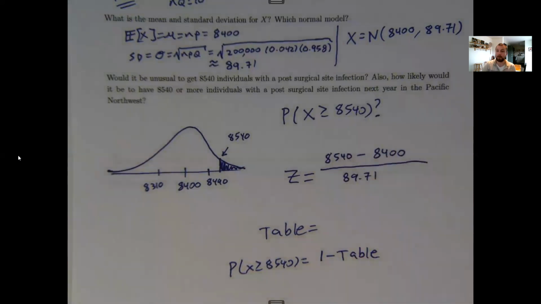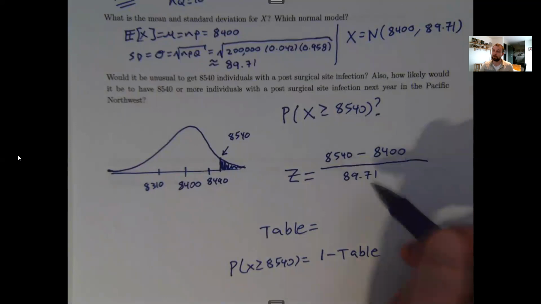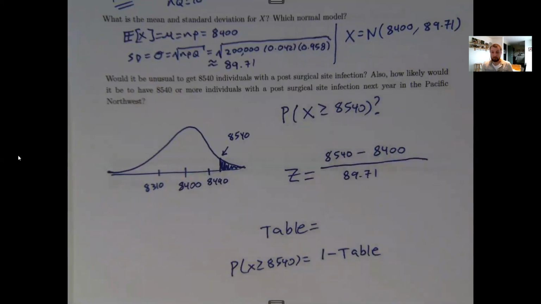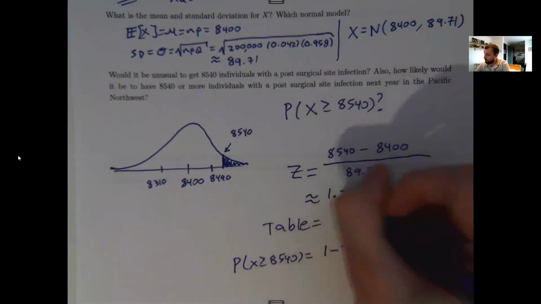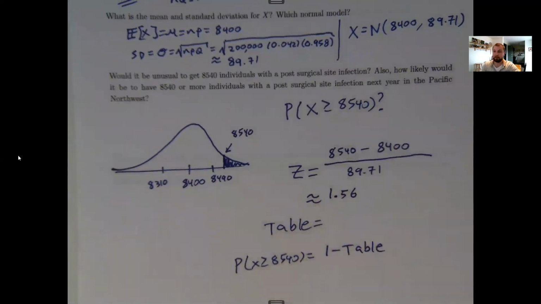So I have value minus center over standard deviation. I'm typing this into a calculator. And this gives me approximately 1.56 as my z-score.